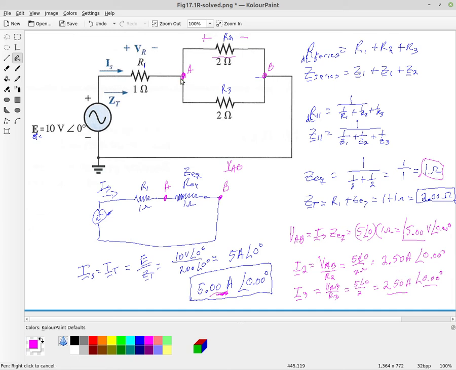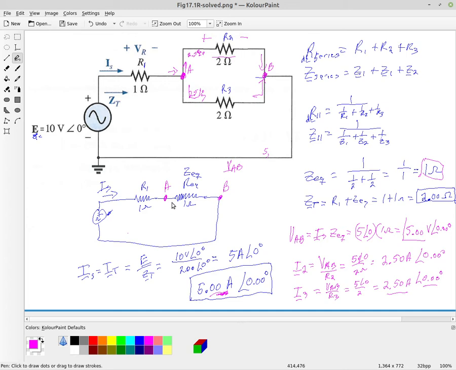So again, at point A we have 5 amperes angle 0 now, because it's a phasor current, an AC current. We have 5 angle 0 coming in, and it splits off. So we have 2.5 amperes angle 0 going up and 2.5 amperes angle 0 going down through the resistors. They come back together at point B, and then through the rest of the circuit we have our 5 amperes returning back into our supply.